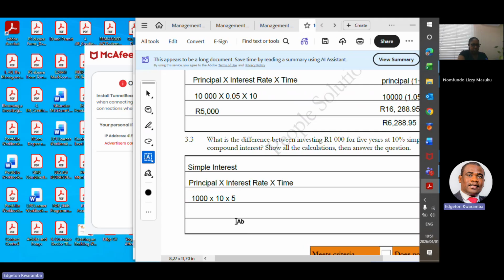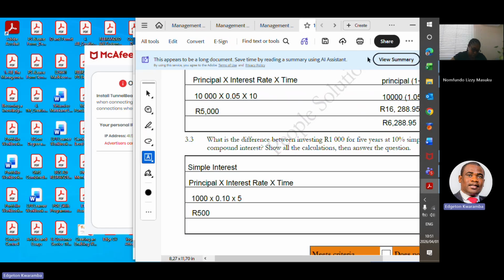So it means the amount will be what? Is it 500 rand? Oh, sorry, 10%, I have to say 0.10. Or if you want, you can say 10 and then put the percentage sign. I'm also getting 500.